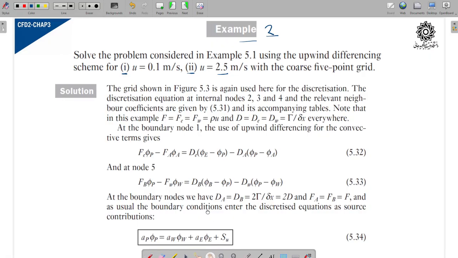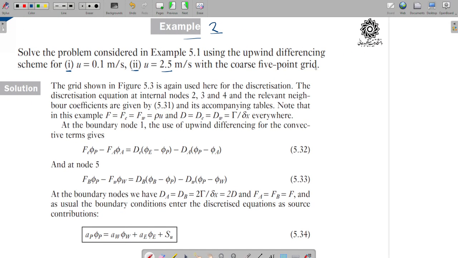We repeat example 1 with the upwind scheme for 5 grid points, 5 cells: 1, 2, 3, 4, 5 cells.